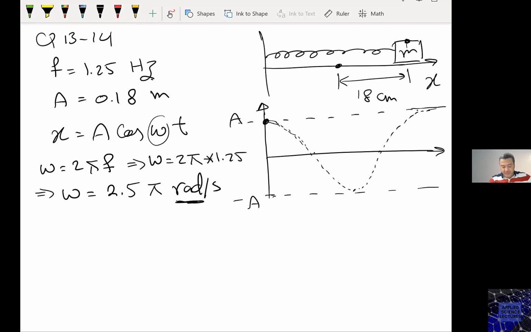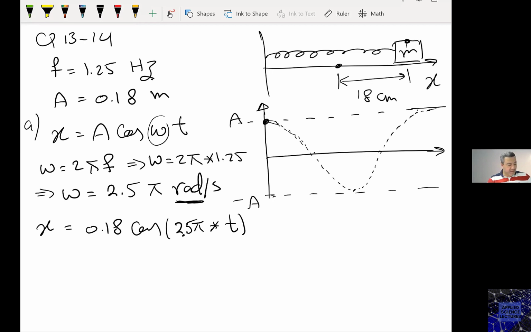it will give you a phase in radians. So here I have x equals 0.18 cosine 2.5 pi t.